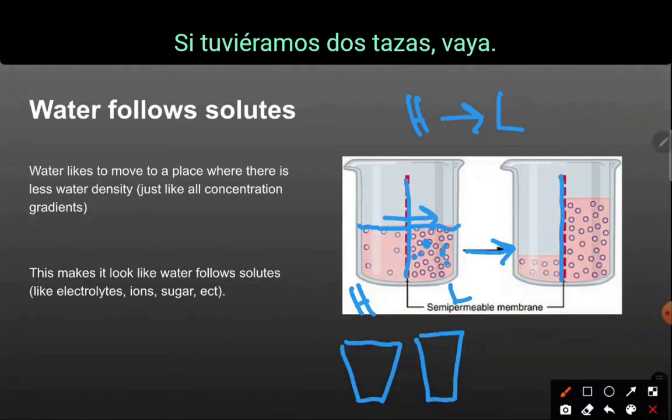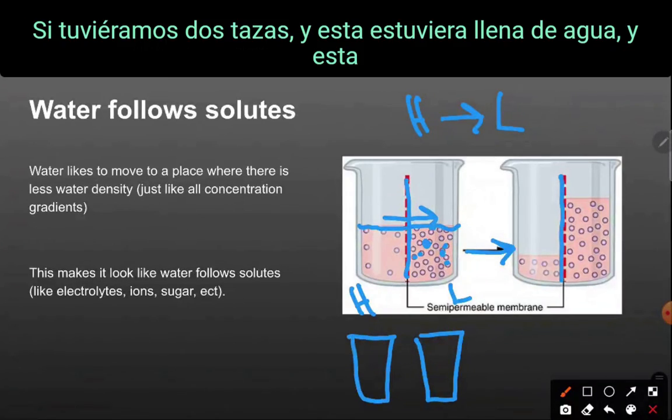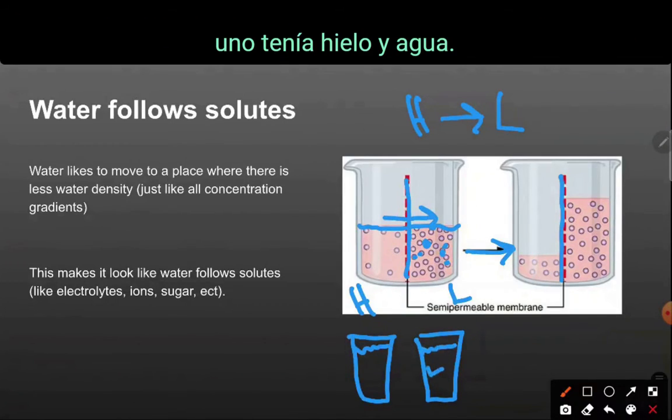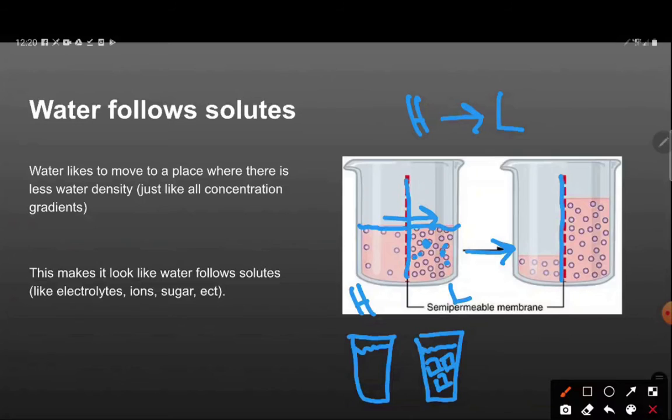If we had two cups, and this one was full of water, and this one had ice in it, and water, which cup has more water?